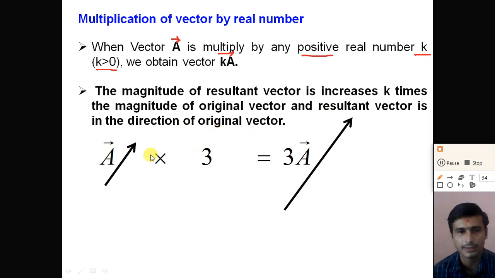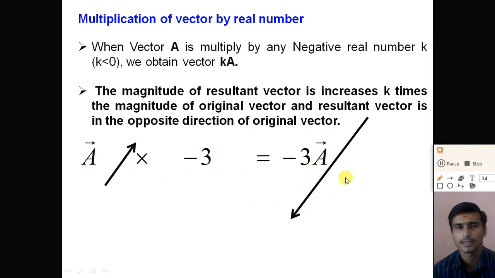So suppose we consider a vector a and multiply by the positive real number 3. The magnitude of the resultant vector is 3 times the magnitude of the vector a, and the resultant vector is in the same direction as the original vector.